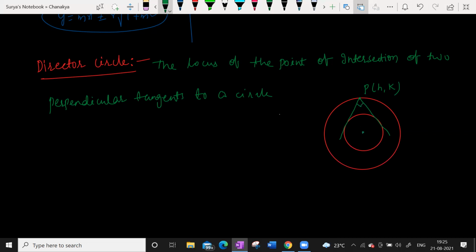This is the center. Now look at this here. What I said, the locus of the point of intersection of two perpendicular tangents. These two are what? Perpendicular tangents. So the locus of the point of intersection of two perpendicular tangents of a circle is called as what? Director circle. आया समझ?